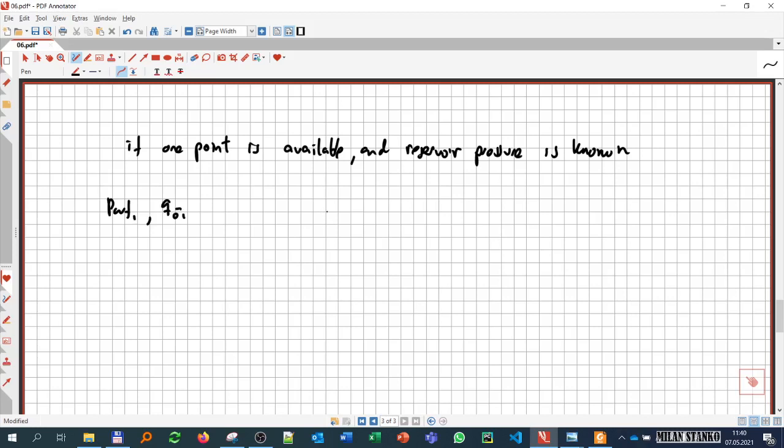We come here and substitute QO1 in this equation, J times PR minus PWF1. And we simply say that J is going to be equal to QO1 divided by PR minus PWF1. We have all of these, and from there we can readily calculate the productivity index.